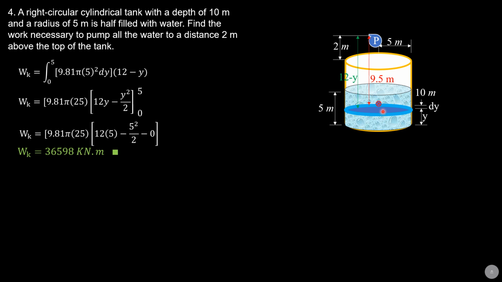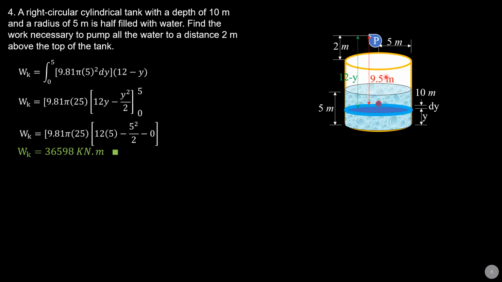For the shortcut, work is weight times distance. The weight is specific weight of water, 9.81 kilonewtons per cubic meter. Then the volume is pi radius square 5 square times height or depth 5. And the distance of the centroid of this 5-meter deep water in the cylindrical tank is 9.5.